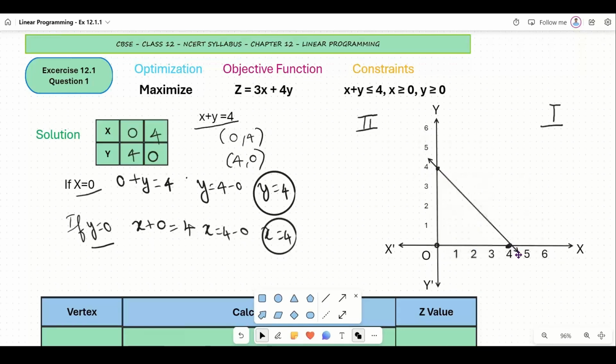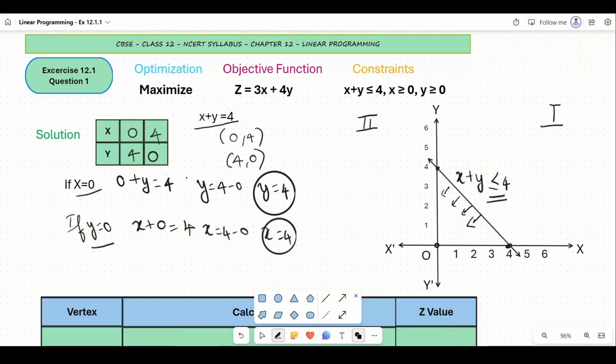So if I connect these 2 dots, let's now understand the constraint here. This is the answer that we have got for the question x plus y is less than or equal to 4. So if it is less than or equal to, the answer will be on this side, below this particular line. So this is the linear programming, right?